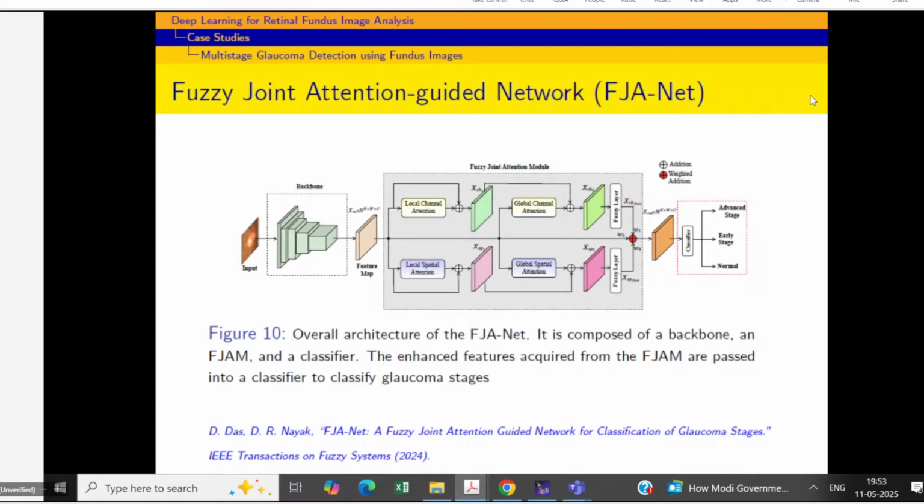Then we came up with this idea where, if you look at the backbone, we have kept it similar: we take features initially from a backbone. This can be a vision transformer backbone or a convolutional neural network backbone, followed by an attention module. We have of course introduced a fuzzy layer, but we have also introduced local channel attention as well as global channel attention.